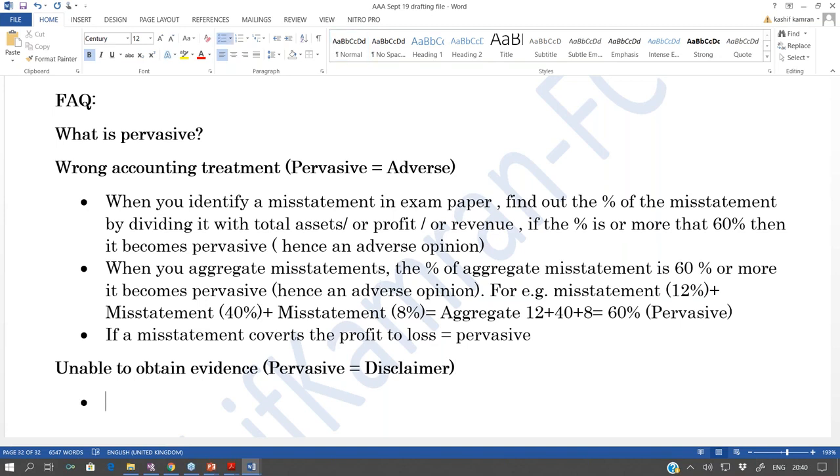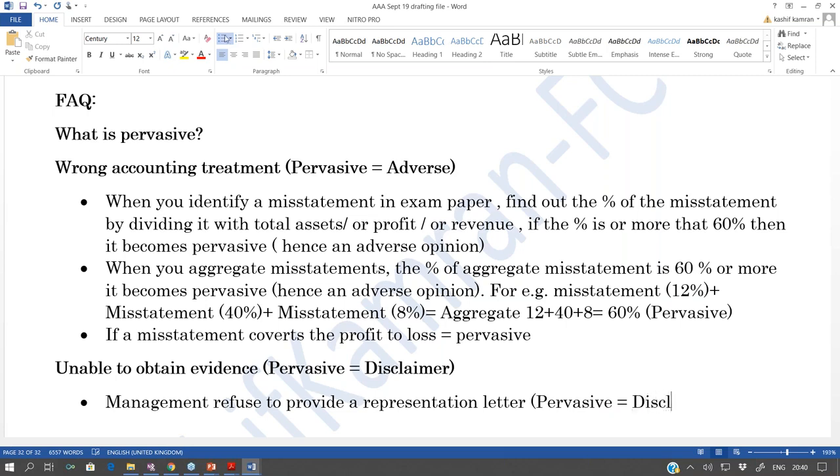Number one, management refused to provide a representation letter. This is default pervasive in the exam and is equal to a disclaimer of opinion.